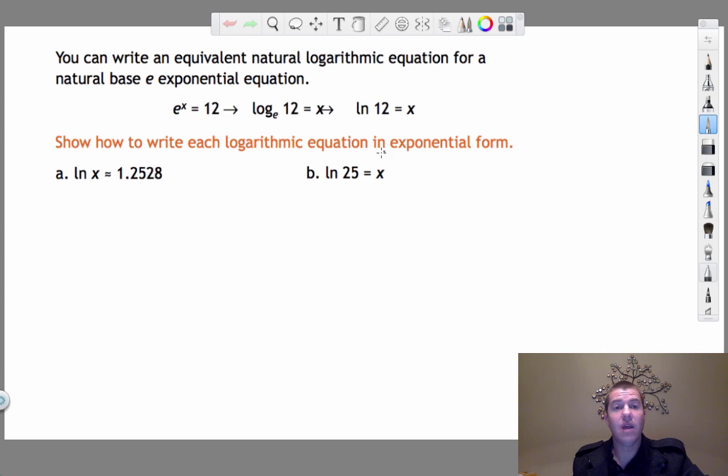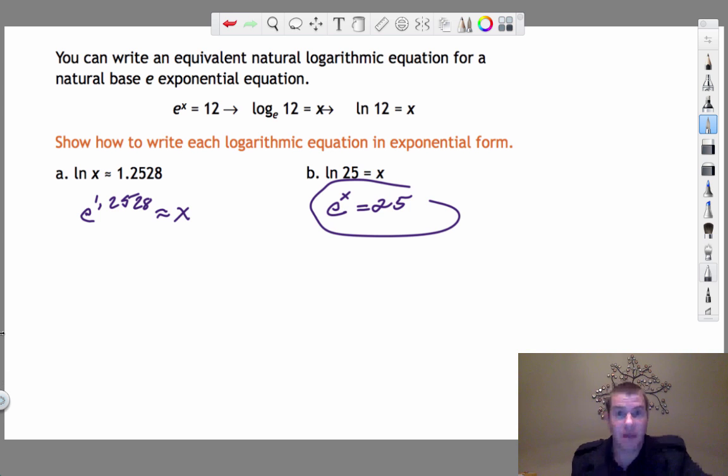And going the other way, writing it in exponential form, you see ln of x, well, that's a base e, keep the base, e raised to the 1.2528 is approximately x. Same thing here, keep the base, e raised to the, go away, x, come back is equal to 25. So it's pretty much the same thing we've been doing.